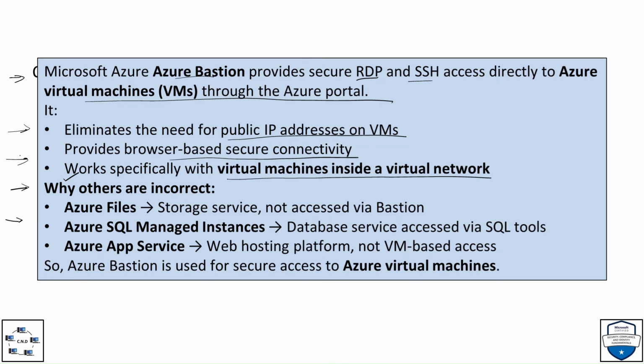So why are the other options incorrect? Azure Files is a storage service not associated with Bastion. Azure SQL Managed Instances is a database service accessed via SQL tools, and Azure App Service is a web hosting platform, not VM-based access. So Azure Bastion is used for secure access to Azure virtual machines.